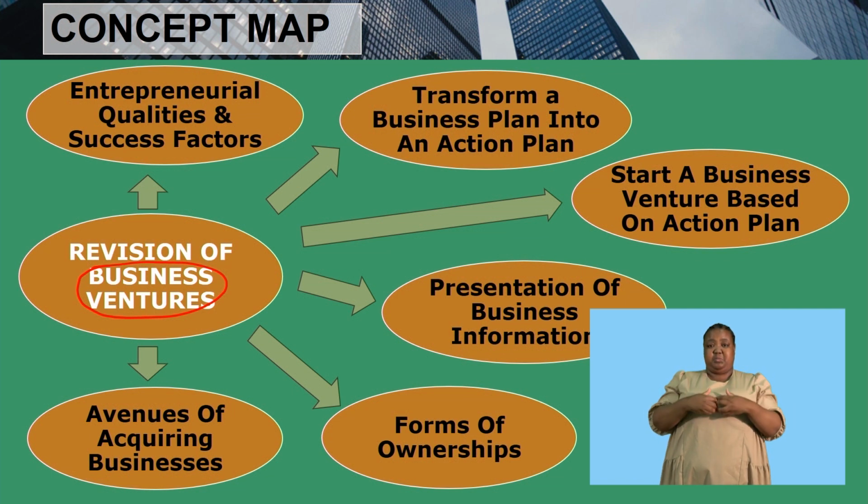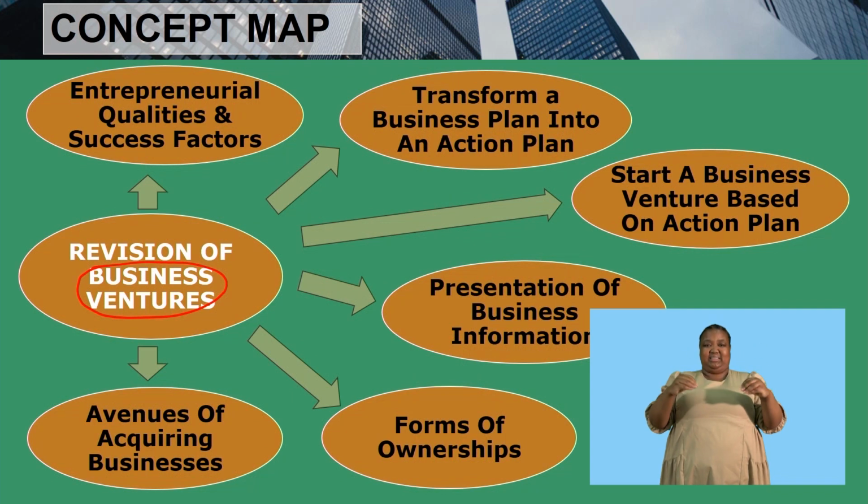All these topics combined form business ventures. In this lesson, we are going to focus on the entrepreneurial qualities, transforming a business plan, as well as starting a business venture based on an action plan.